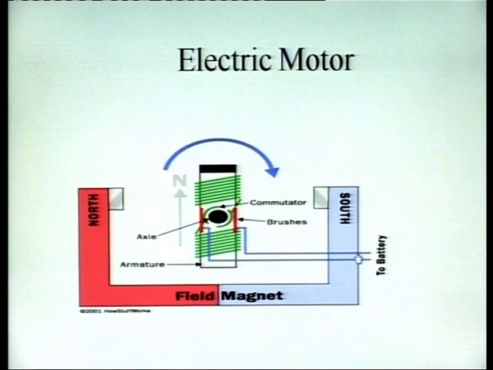So, the battery will be connected to the armature windings. When current flows through this armature, the rotor field will be induced, and with the interaction of the main field, that is the field of the field magnet, and the rotor field, a torque will be exerted on this rotor.